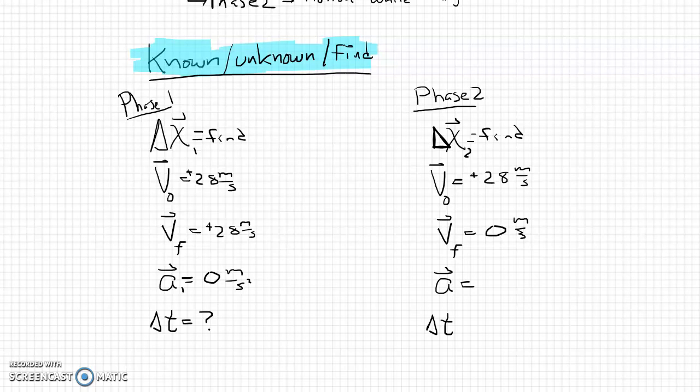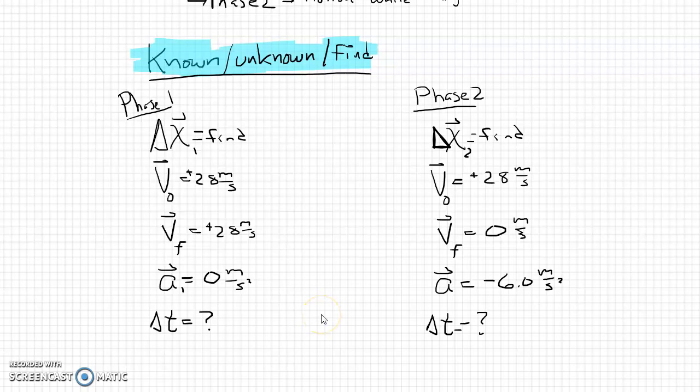It is also decelerating, so that's a negative 6.0 meters per second squared. Sorry, I'm thinking of the speed of light for some reason, that's 3.0 times 10 to the 8th. And the time, we don't know how long it's going to take for the car to actually come to rest.